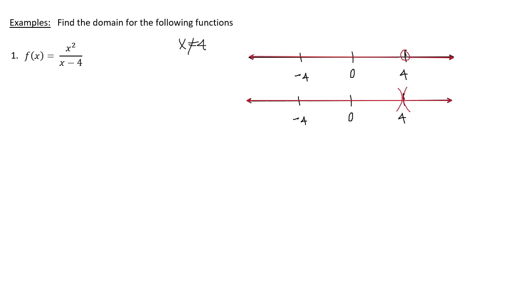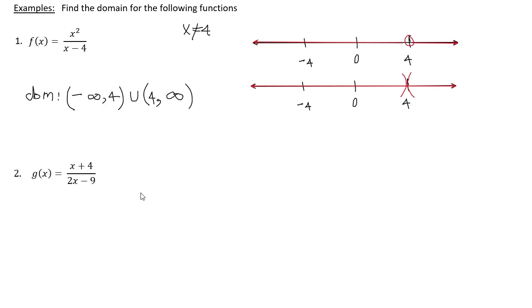So this domain has every real number except the number 4. So if I'm going to write that domain in interval notation, I'd write the domain is negative infinity up to the number 4. Then I've got to use a union symbol, meaning don't include 4. The parentheses mean do not include the end value, and 4 up to positive infinity.